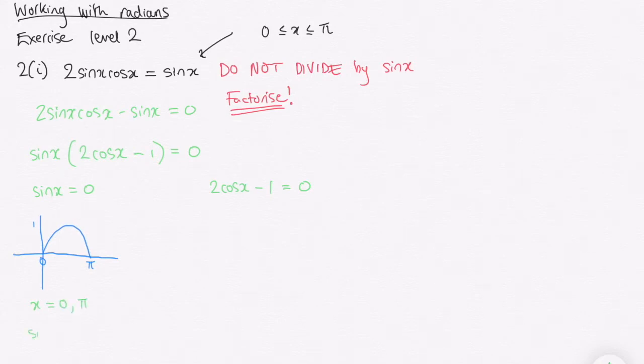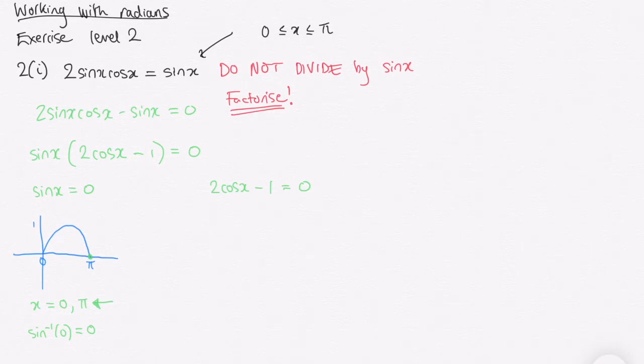If you put sine inverse of 0 into your calculator, it is 0, but please make sure you get this other solution of pi, because sine of pi is also equal to 0.